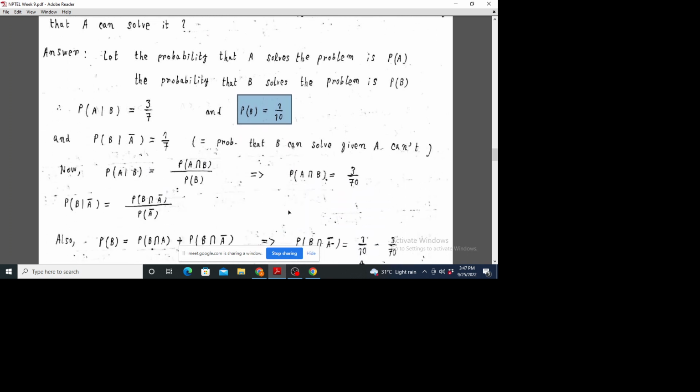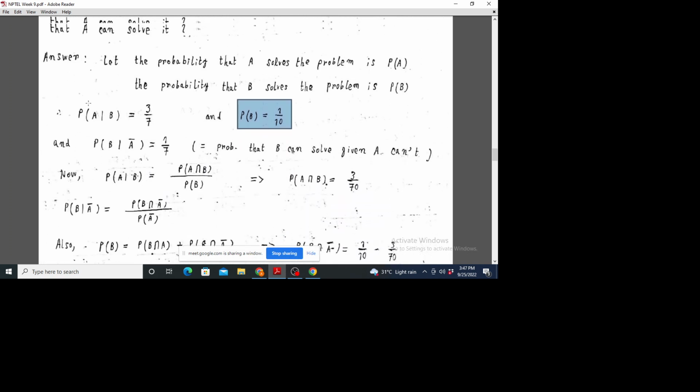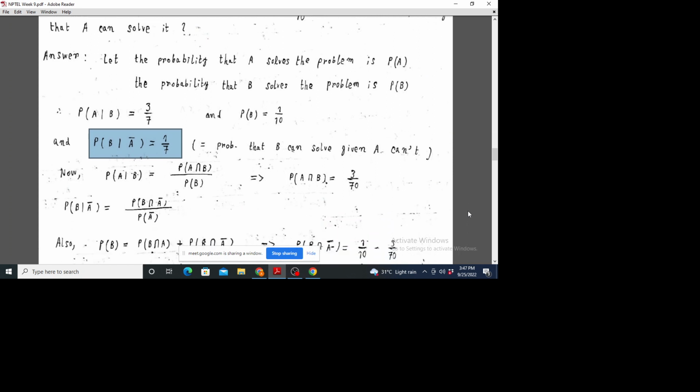This is simply this, irrespective of what A is doing. And the third one is what? Given that A cannot solve it, B can solve it, and this event has the probability of 1 by 7. So B can solve, even if A cannot. This is the third conditional probability. And now we have these three equations.